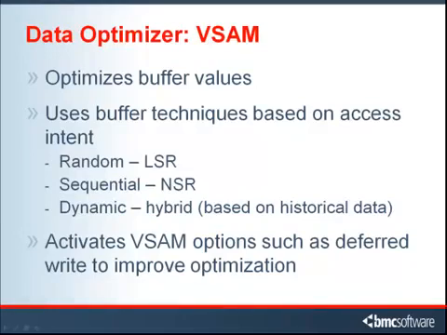For sequential programs, the Data Optimizer uses NSR buffer techniques. If the program includes both random and sequential processing, the Data Optimizer initially starts with LSR processing for random intent. It then captures history data and will dynamically switch between LSR and NSR processing as needed.